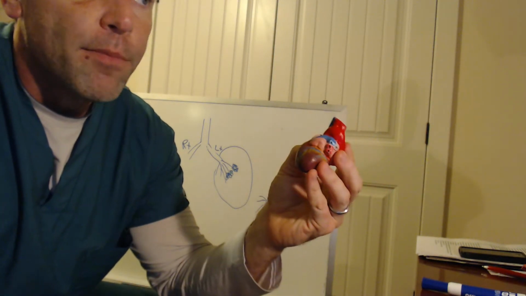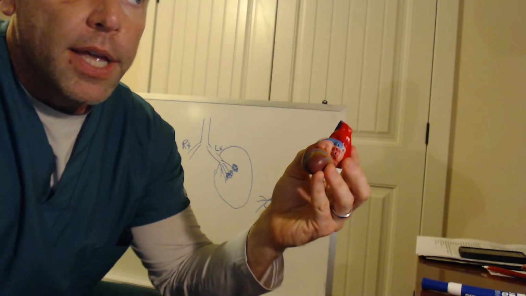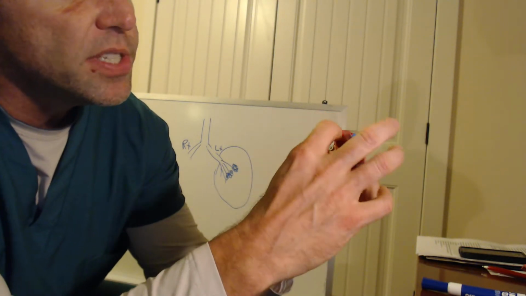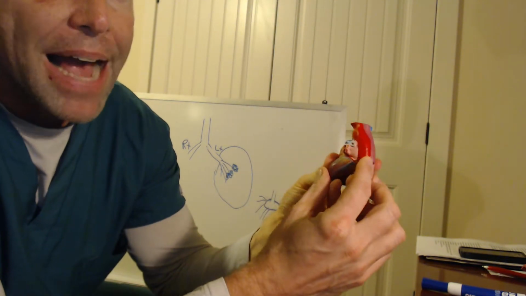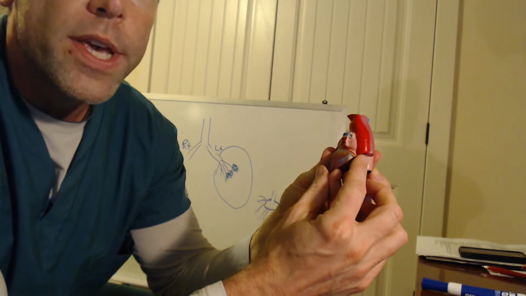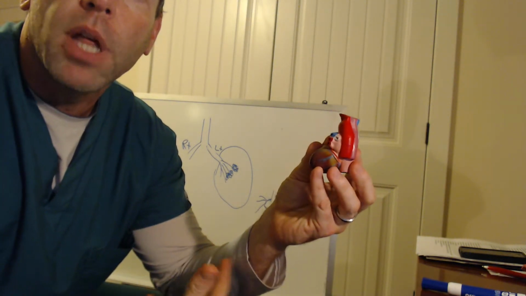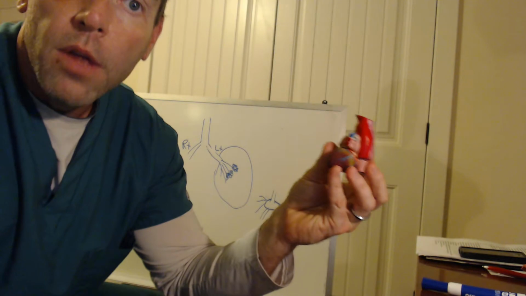And then the aorta is going to have branches that will carry blood to the brain, the carotid arteries. It also, as you can see, wraps around the back of the heart as well. We call this the descending aorta, and that's going to carry oxygen-rich blood to all the organs below the heart.